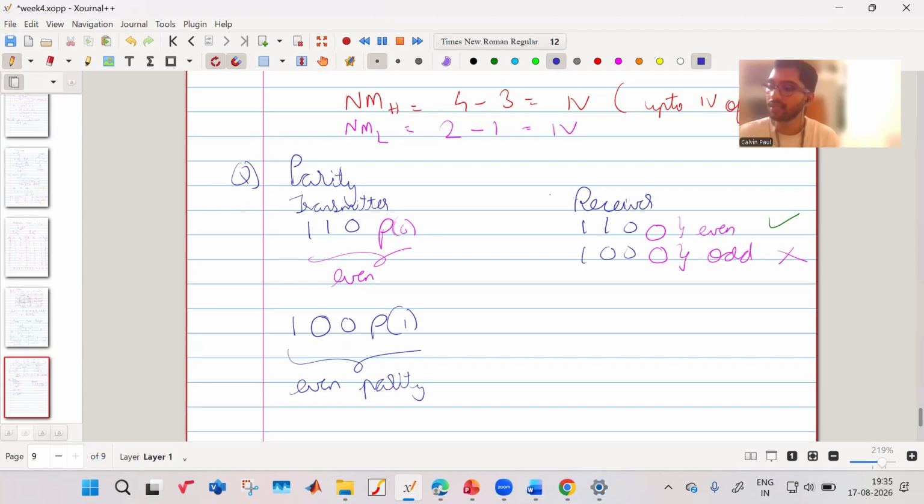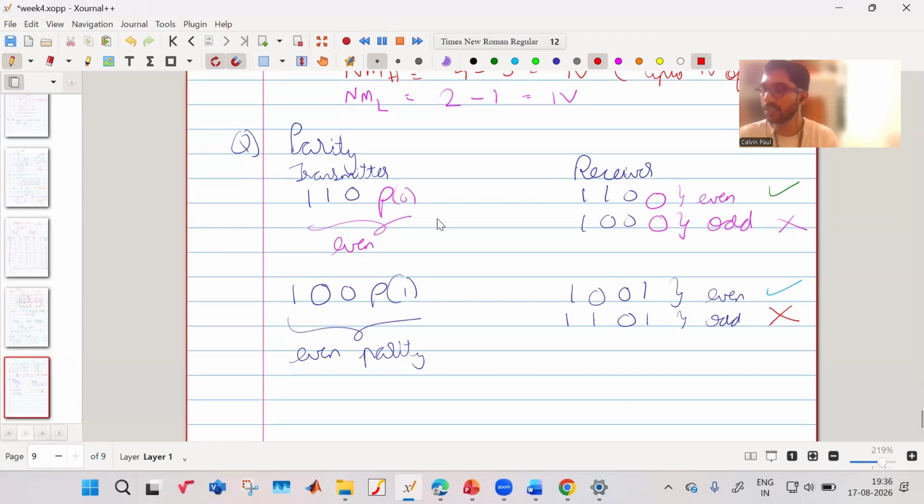On the receiver side, if I get 1001, the number of ones is even, so it is correct. But if I got 1101, then it is odd, so we know it is not correct.